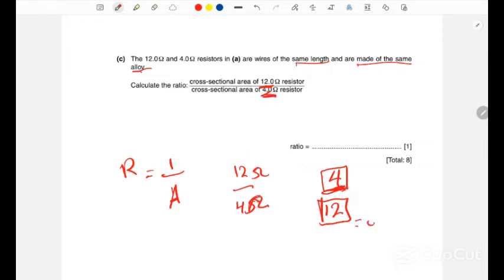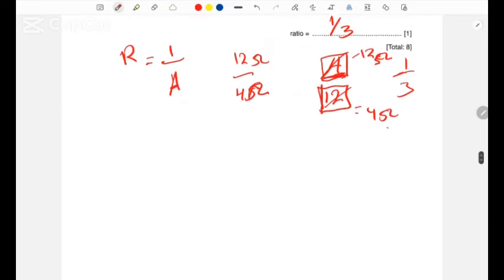So this is for the 4 ohm, this is for the 12 ohm. As you can see here, 12 is a big cross-sectional area, so that means the resistance decreases. So the ratio is going to be 4 over 12, but we can simplify it to become 1 over 3. So we can write 1 over 3. That's going to be the ratio.